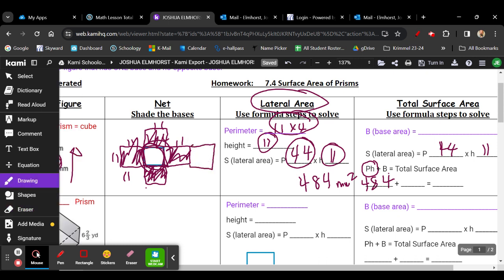You can put it on any one of the sides, just as it's flipped out. So that's going to be 11 times 11, which is the square for the base, and then there's two of them, so times 2. We got 11 times 11. That's going to give us 121. We multiply that by 2. That's going to give us 242.